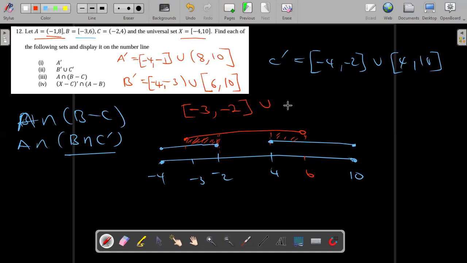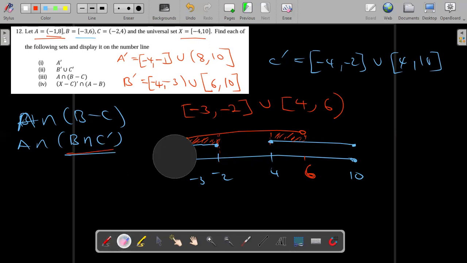Then union this part here, which is going to be from 4, comma, then 6. It's open at 6. So 6 is not in this set B. If it's not in set B, it cannot intersect, which means it will be open at this closing point here, like this. So this is the B intersect C complement.